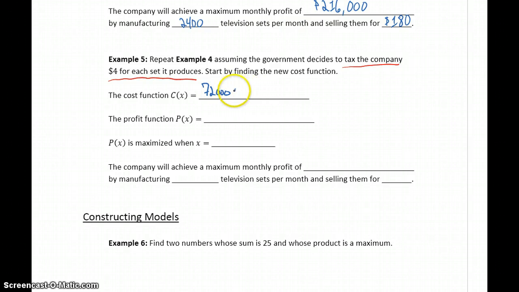So we start with the cost function, exactly as it was given to us, but now we're adding in an additional cost. For every set produced, our company's going to have to pay an additional $4. So our cost function becomes 72,000 plus 64x.